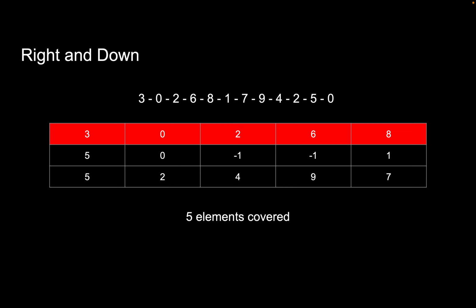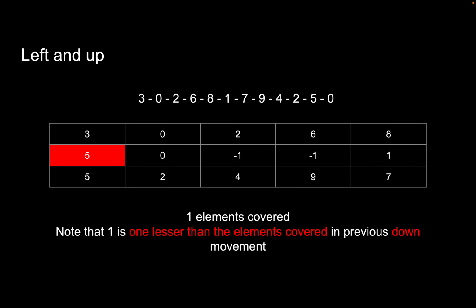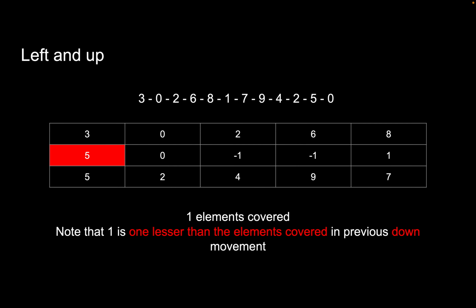In the next up movement, we cover 1 element. Note that 1 is 1 less than the number of elements covered in the previous down movement: we covered 2 elements there, but now we only cover 1.